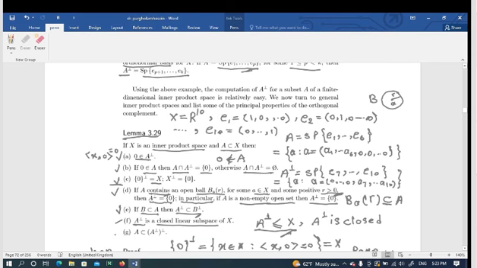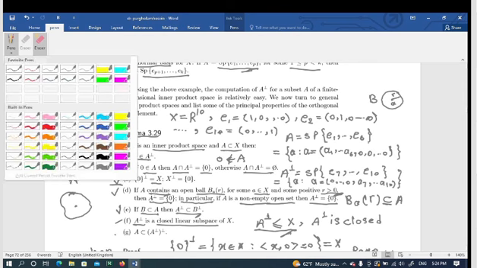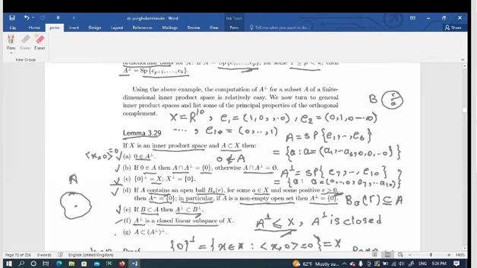For example, this is A, and there is a ball like this in A, an open ball. If A contains an open ball, the orthogonal of A equals {0}.